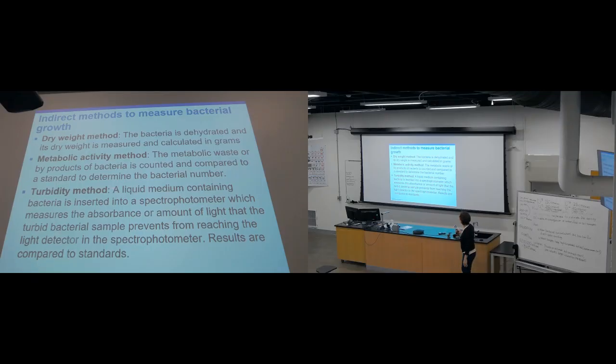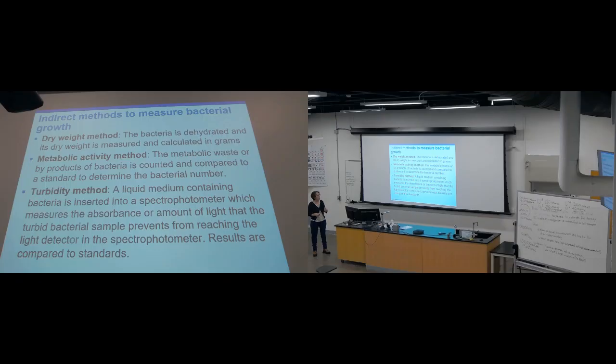Okay? And then for the turbidity method, in this method you have a spectrophotometer, you have a sample in a cuvette, that's like the little tiny test tube that you introduce, and you have a blank, which is your control for clearing the previous reading in your spectrophotometer.